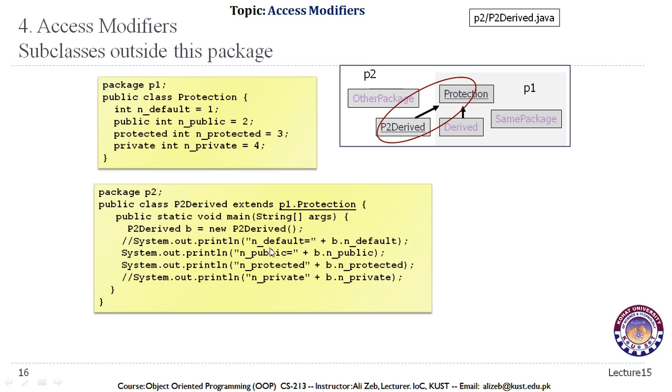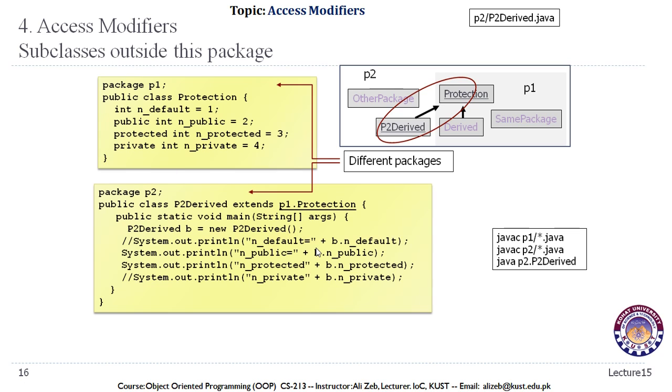If we try to access the default variable, now these are in different packages. We compile all the files within the packages. The default variable is not accessible by the subclass that is in another package. Although there is a direct relationship between the p2 derived class and the protection class, since they are in two different packages, the default variables will not be accessible in the different package.